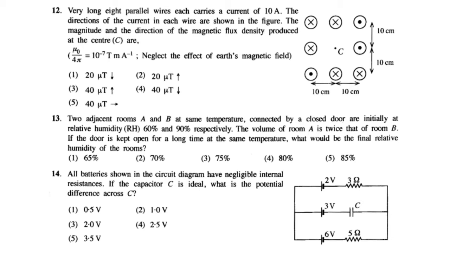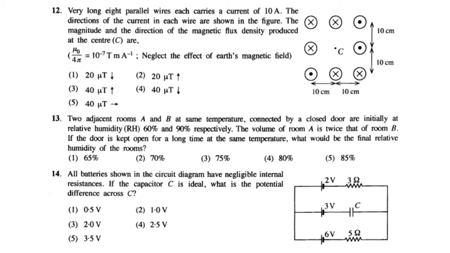And when you take the 2 wires 4 and 5, they both give magnetic flux density at C downward, so 2 times mu naught I over 2 pi d. Also they have given mu naught over 4 pi equal to 10 to the power minus 7. So with that you can find mu naught. Mu naught is 4 pi into 10 to the power minus 7.